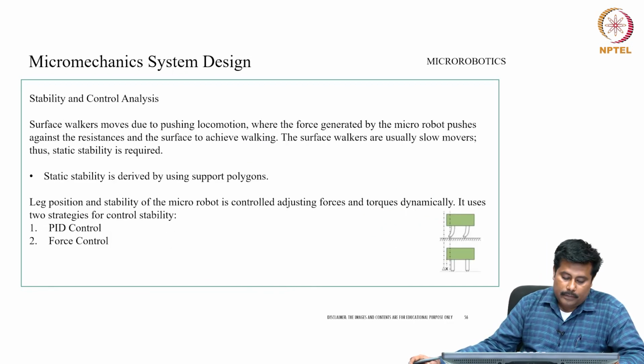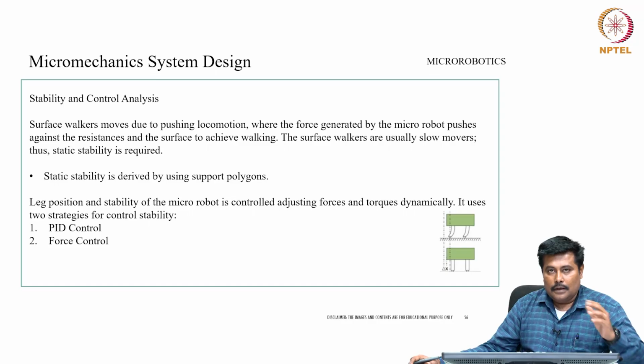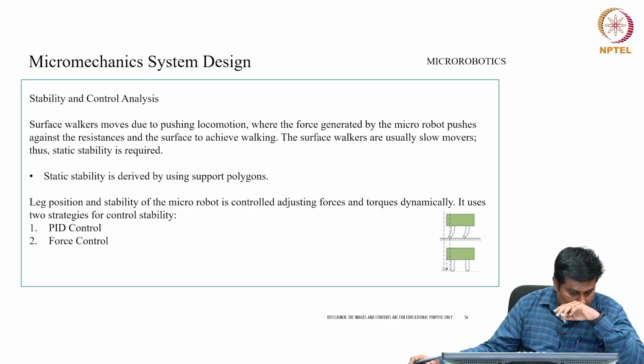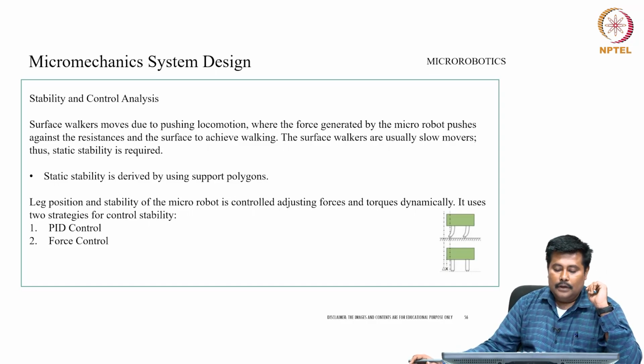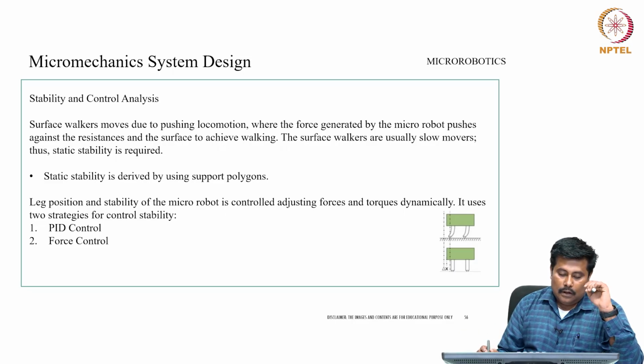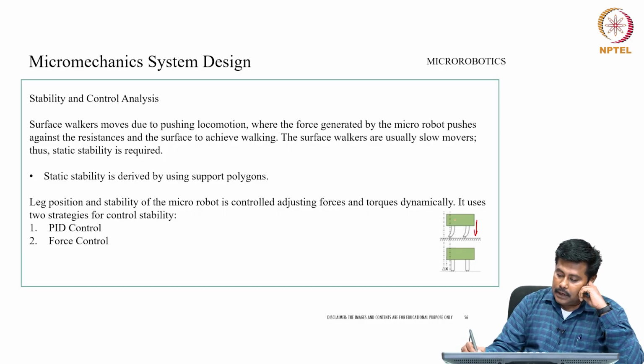Now, one of the important aspects of such walker robots is stability control. In most cases, the surface walker always moves. Let us consider this as a surface walker. This is a load which is available, and here it is a two-leg system.